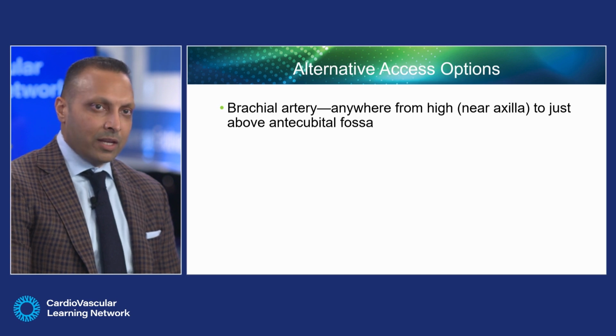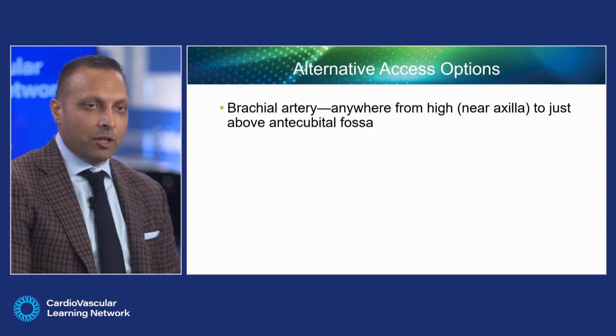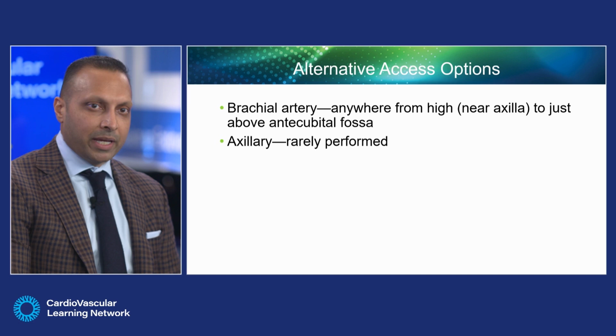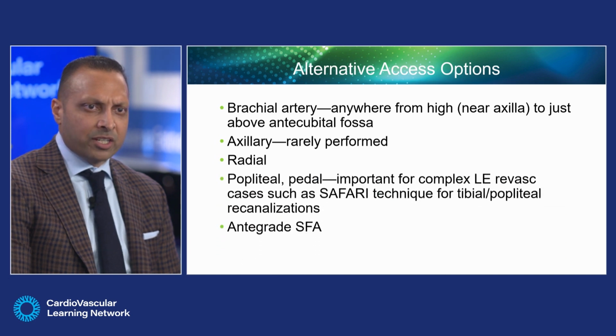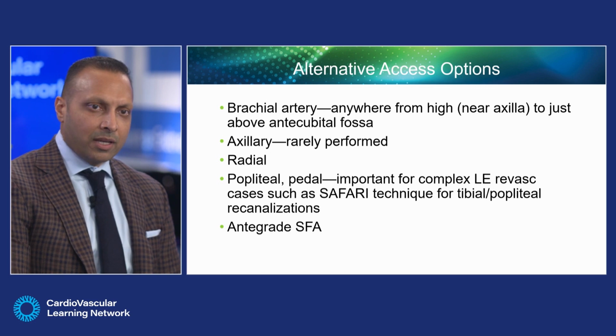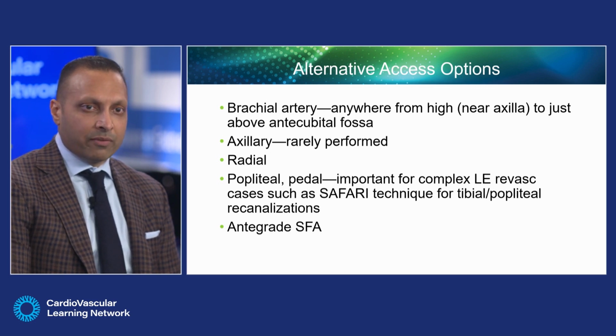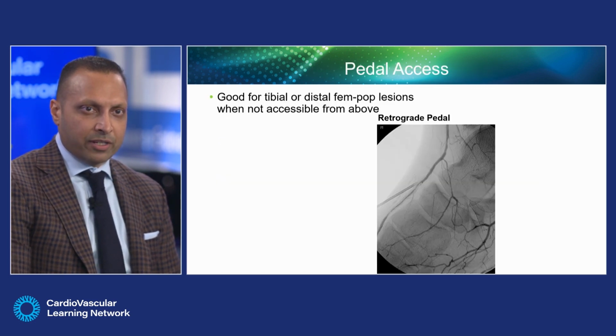So in this vein, we've looked at alternative access options, and these have all been reported. Brachial artery can be anywhere from very high near the axilla or just above the antecubital fossa. Axillary is mostly anecdotal percutaneously. That's rarely performed now. Radial will be the focus of today's discussion. But of course, it is important to mention in the setting of peripheral lower extremity revascularization that pedal access or antegrade SFA access and other emerging techniques have a significant role in improvement of the patients here and success in these interventions.